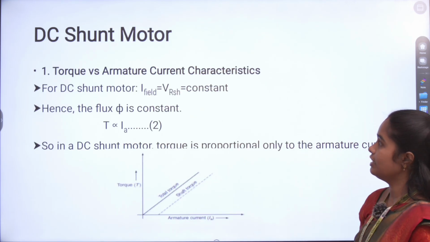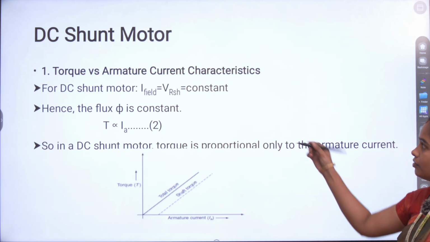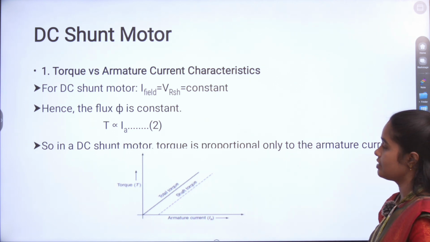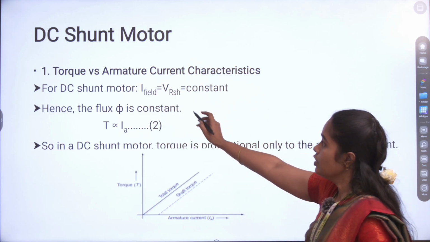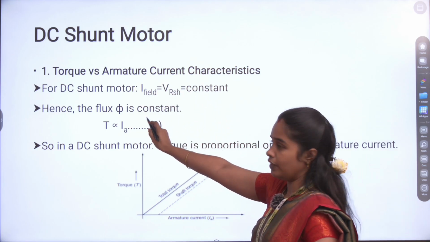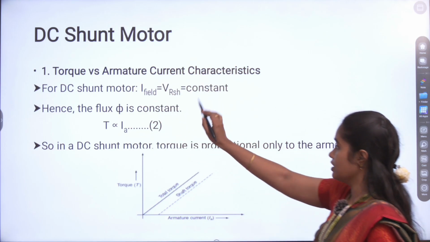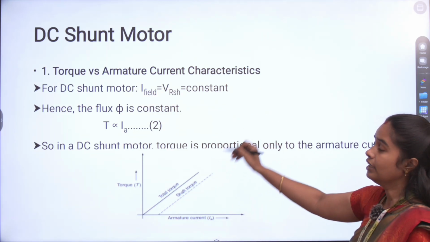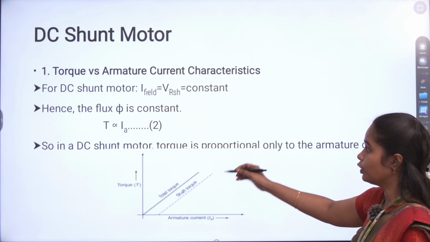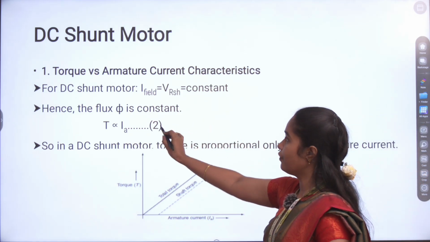First one is the DC shunt motor, torque versus armature current characteristic. In a DC shunt motor, the field current is constant, so the flux is also constant. We already know the torque equation, T directly proportional to armature current and field current.